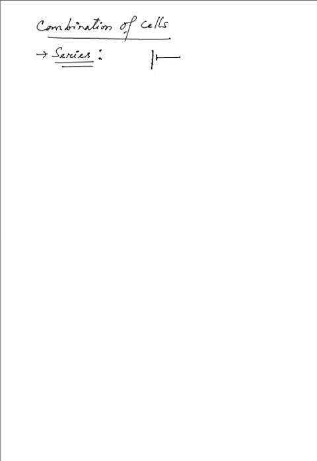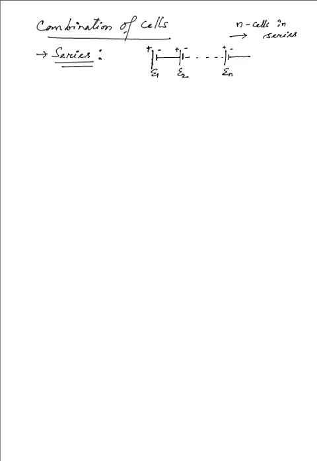In case of series combination, you have the positive end of the cell and the negative end of the cell, followed by the positive end of the next cell, then the negative end of the other cell, and we can continue like this for n number of cells. We can say this is having the EMF as E1, this is having an EMF of E2, up to En for n cells in series.